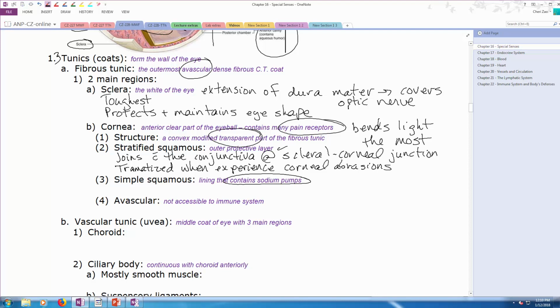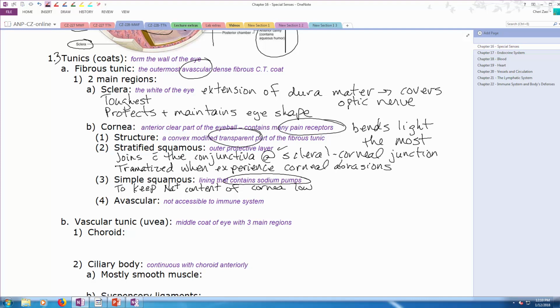And these sodium pumps are designed to actually keep the sodium content of the cornea low. Let's talk about if these pumps weren't working. That means that sodium can actually infiltrate the cornea itself.